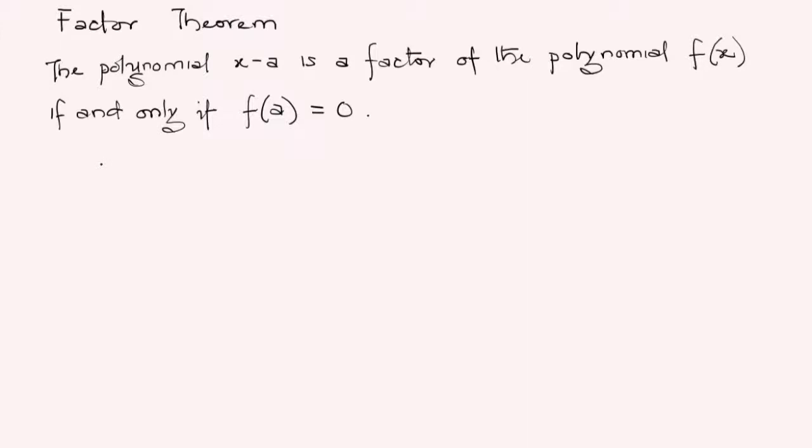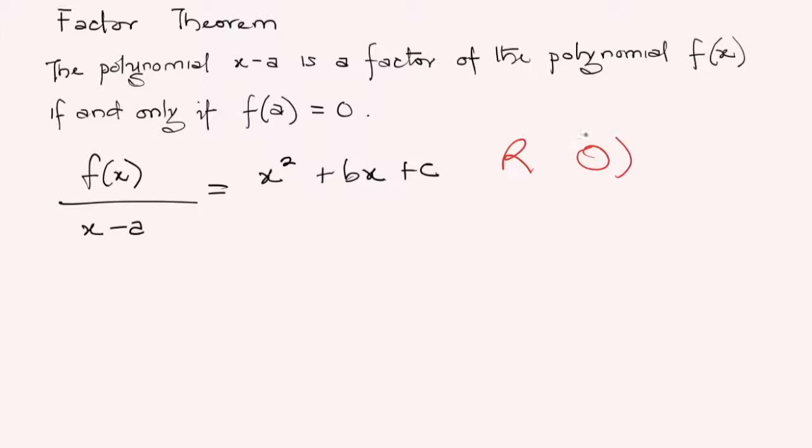So if we have a polynomial f of x and you divide it by x minus a, the factor theorem is saying that if x minus a is a factor of f of x, then you're going to get a solution x squared plus bx plus c, but this time your remainder has to be 0.